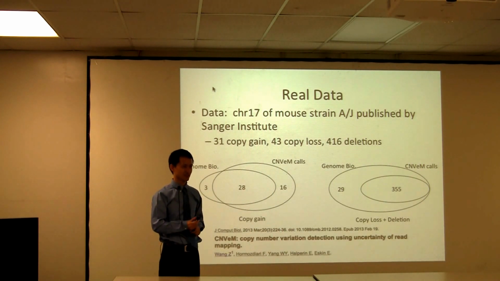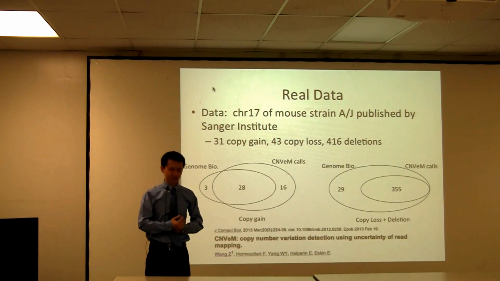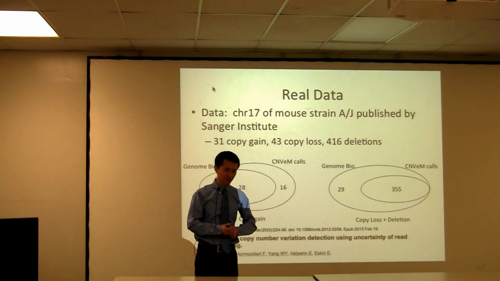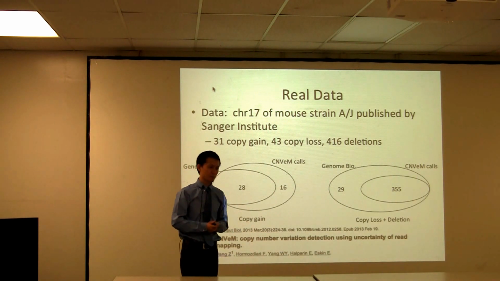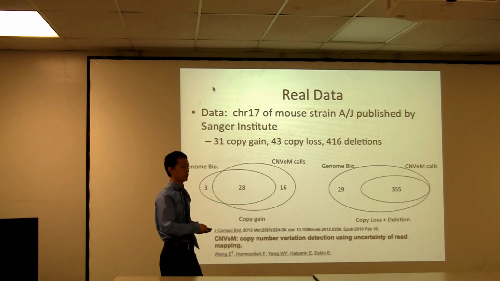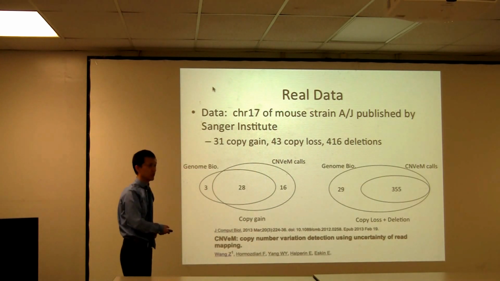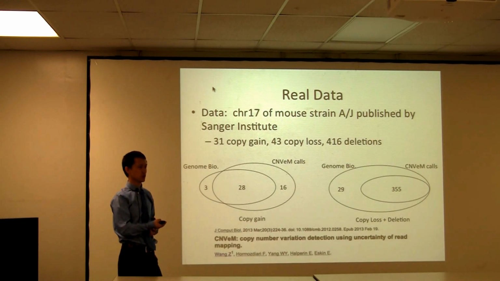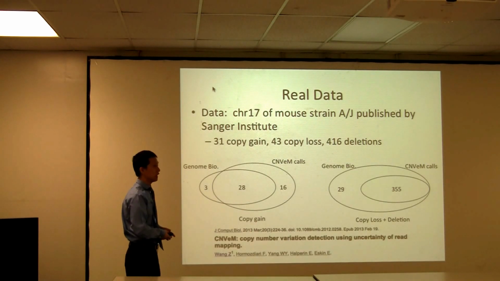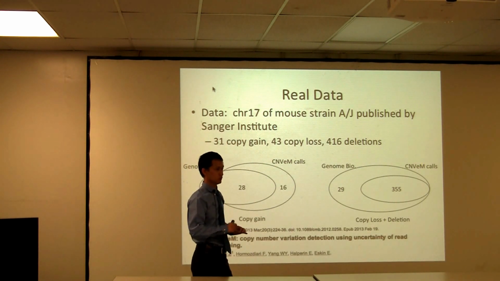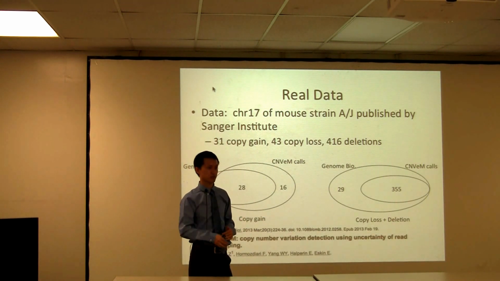Is there a reason, or is it just that you didn't have time? Well, I think the reason is that our method works well on the mouse data. We didn't test the CNV method on the human data, so it's hard to see, because the mouse data is inbred mouse, so it's haploid, and human is diploid.